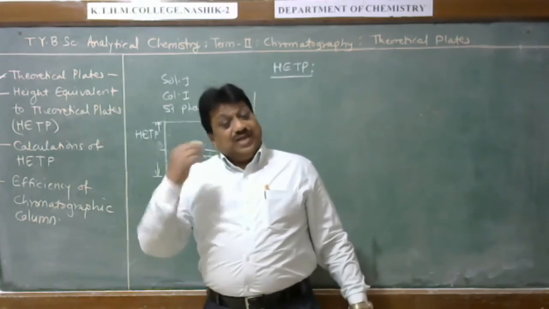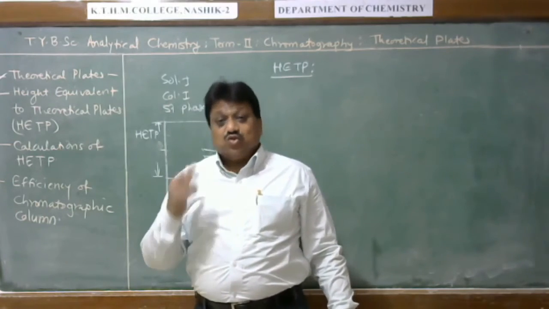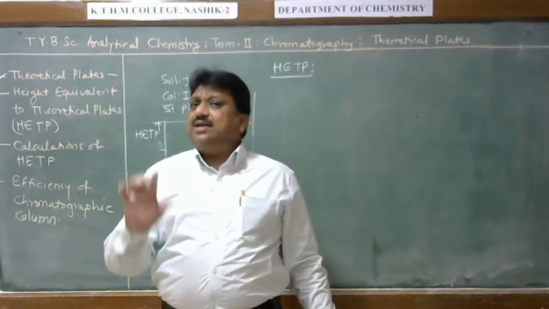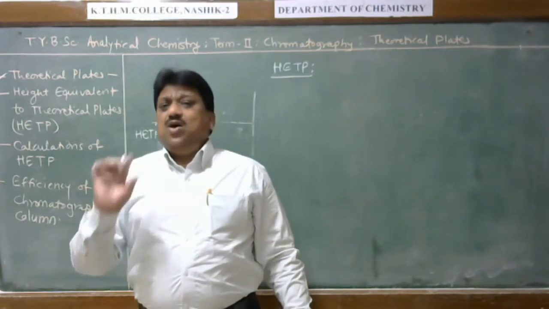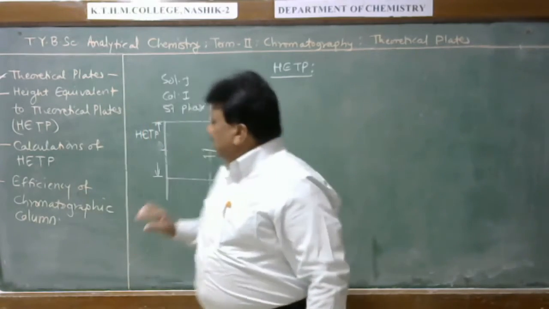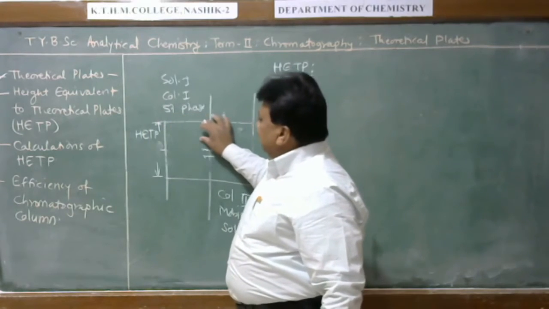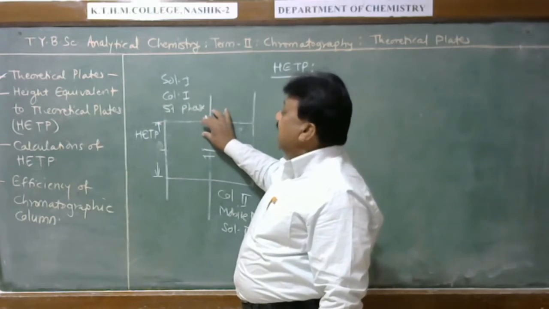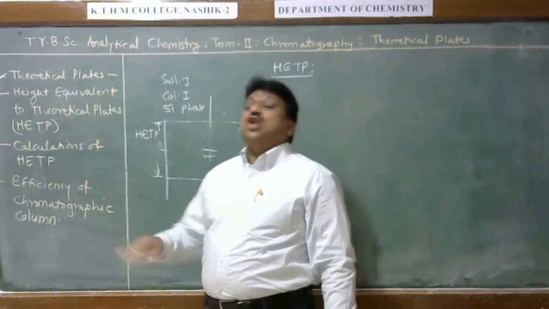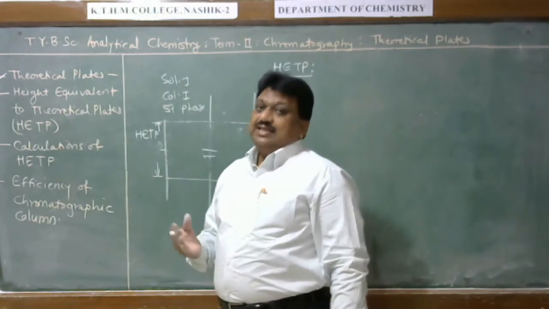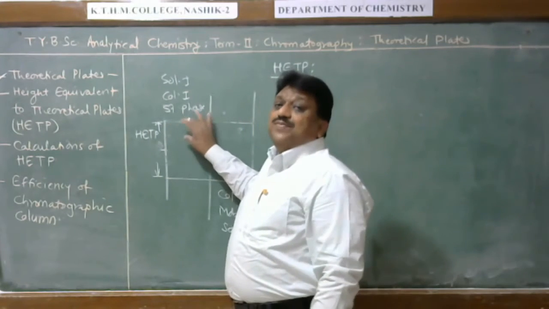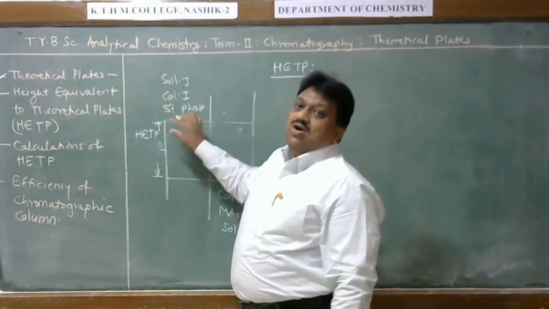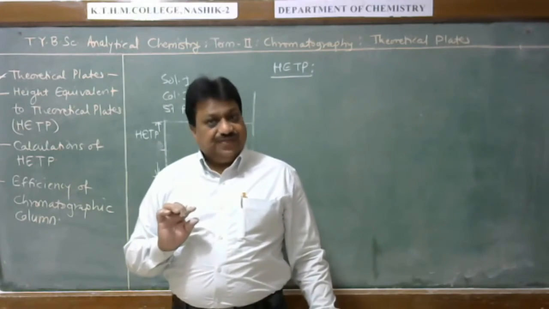Therefore, in case of liquid chromatography, solubility is a factor that determines the height equivalent to theoretical plate, or height of a theoretical plate. If that particular stationary liquid phase has a capacity to dissolve more solid, at that time the maximum amount of solid gets dissolved into a small area or a small volume of the stationary phase.